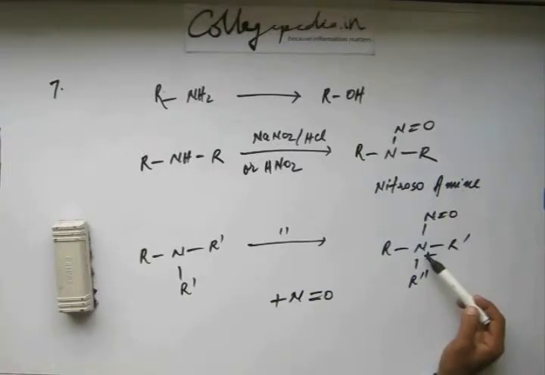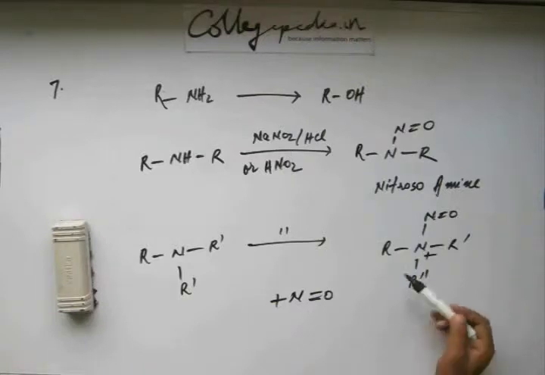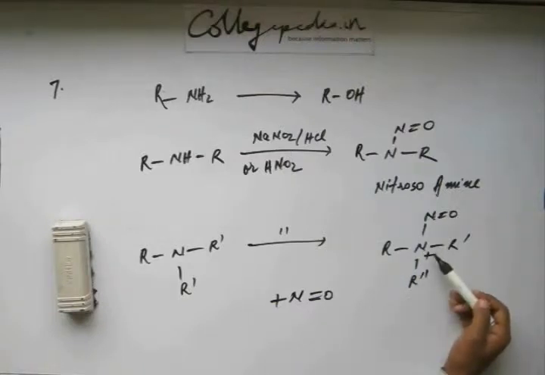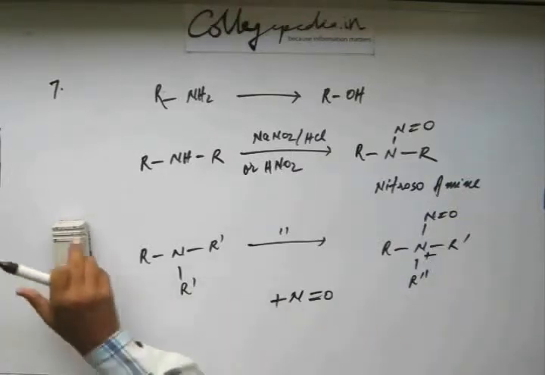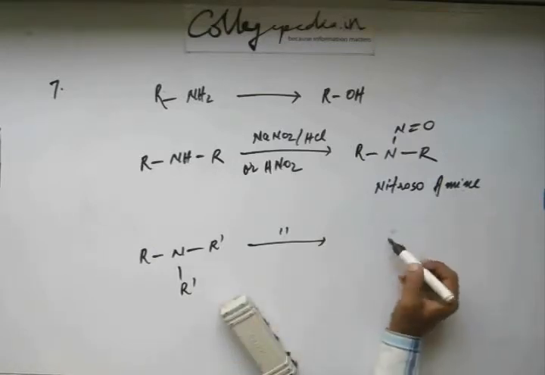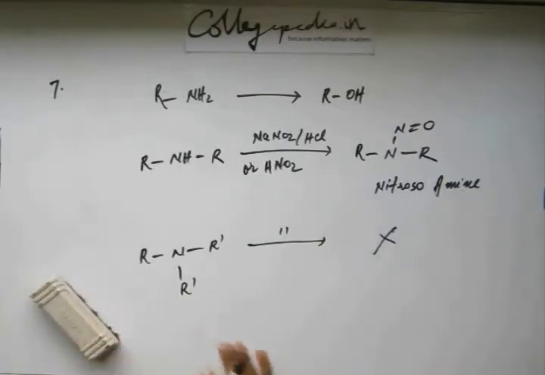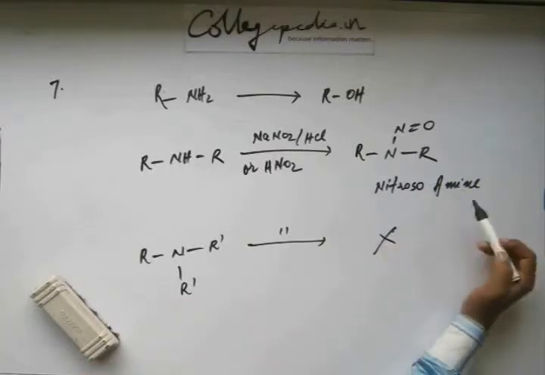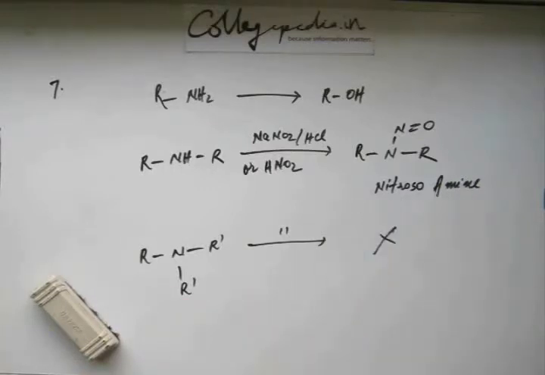That plus charge cannot be dispensed because there is no hydrogen. The plus charge cannot appear on nitrogen because there is no mechanism to dispense it, and it cannot remain on this nitrogen like this. So there will be no reaction in this case. In case of 3 degree, there will be no reaction. In case of 2 degree, you will have nitrosoamine. In case of 1 degree, you are going to get alcohol.